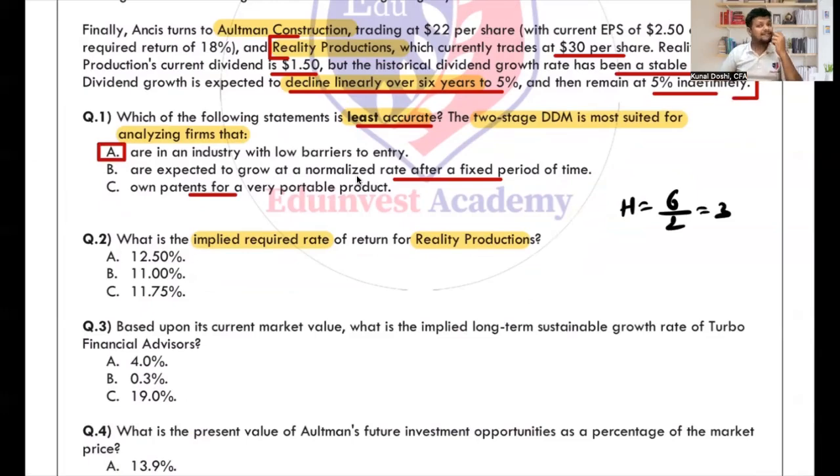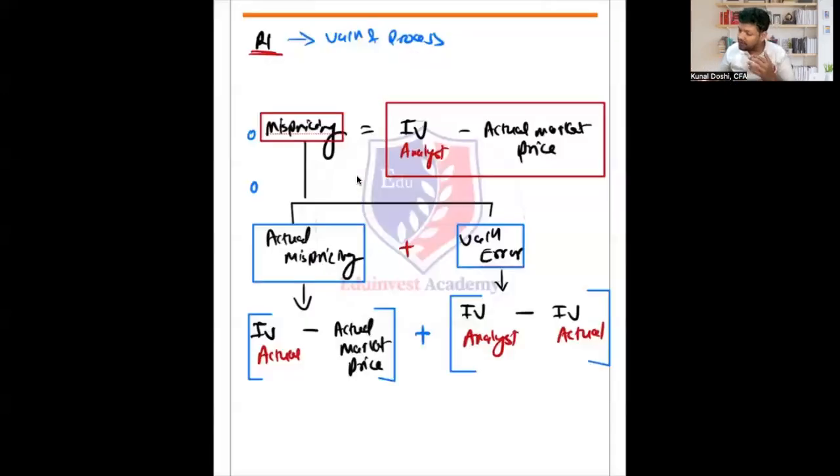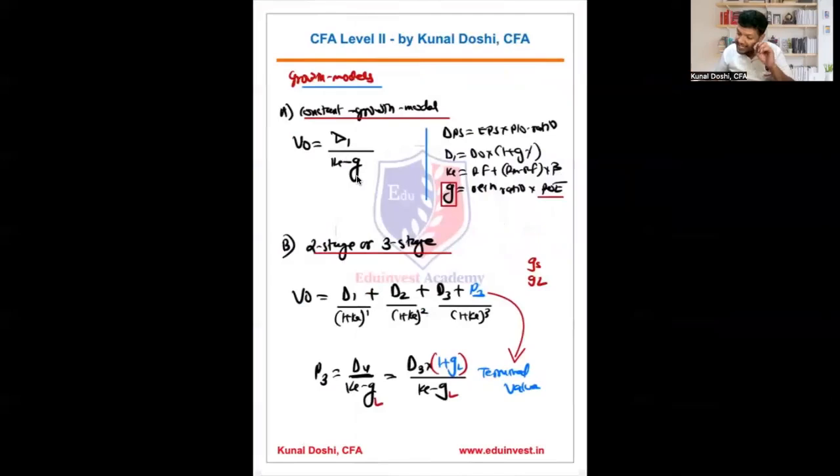So how do I do the valuation in such a case? What is my valuation approach? My valuation V0 is D0 over what is the common thing, which we did as a shortcut. Remember in the formula notes, we did the shortcut in the case of the H model.